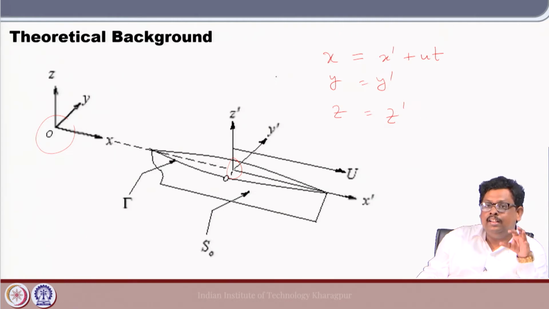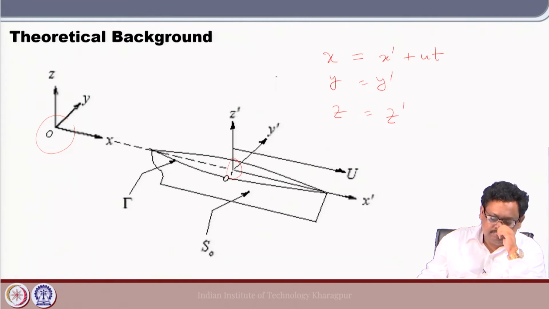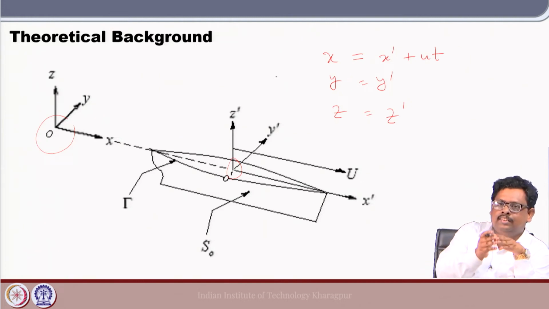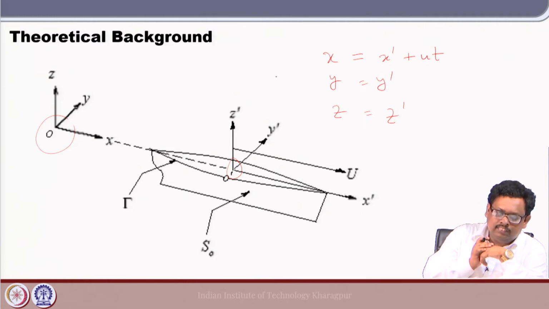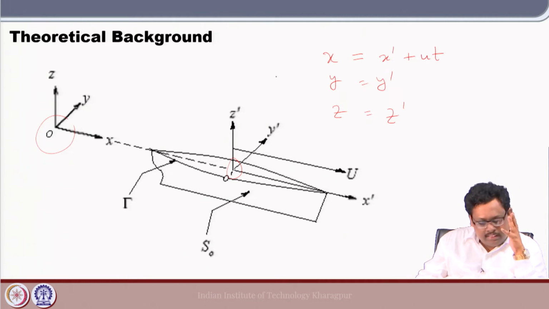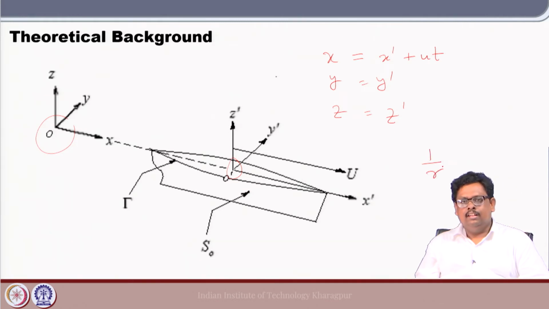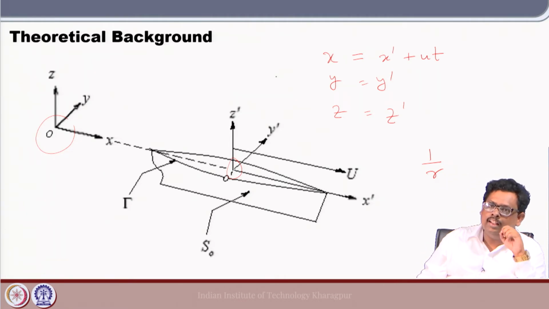Now, the question is why I need the body fixed system here. The main reason is the Green's function that we are computing, which we compute with respect to the body fixed system, because that is easier. Why is it easier? Because you have to deal with 1 upon r, which is nothing but the distance between the field point and the source point.